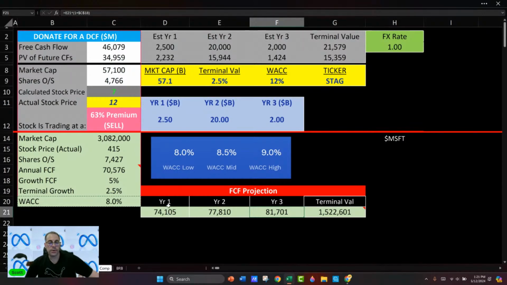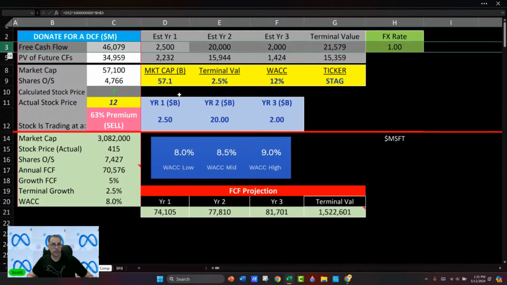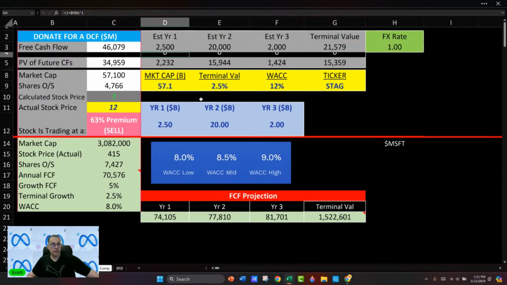So we have to discount all these numbers. And you have to discount it by the WACC.